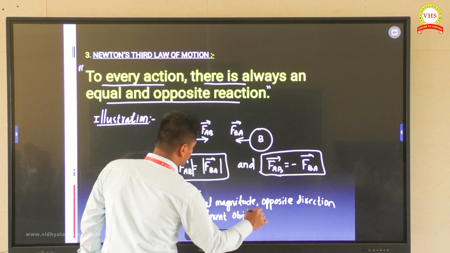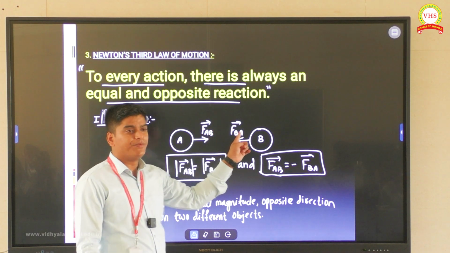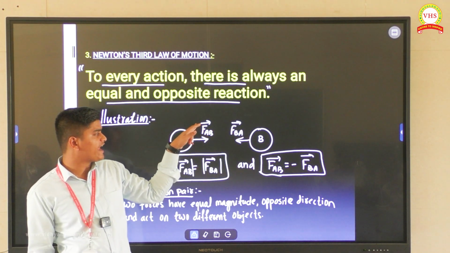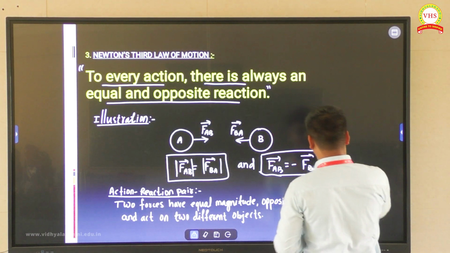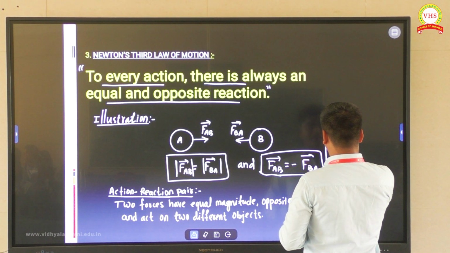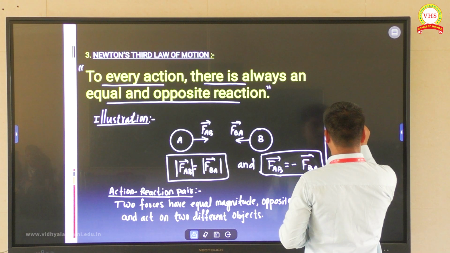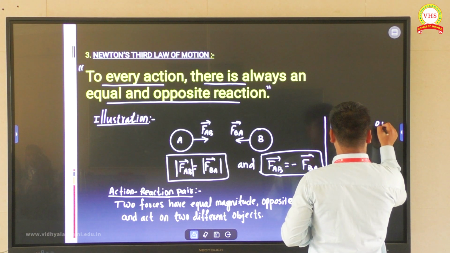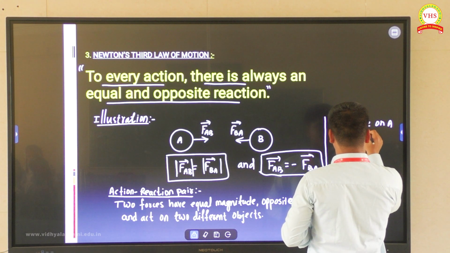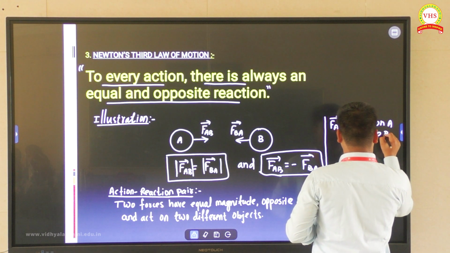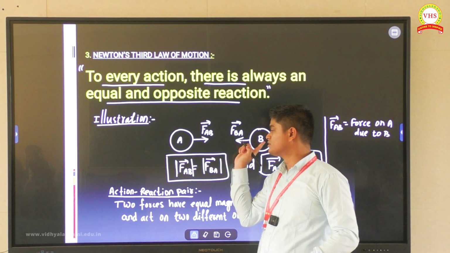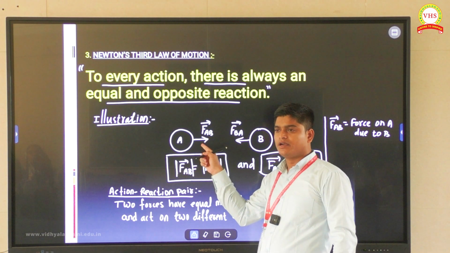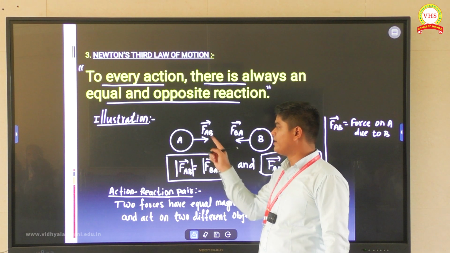So you check here, FAB, FBA. FAB is force on A due to B. Also understand what FAB means: force on A due to B. So B is applying one force on A. I told you at the beginning itself, it is an attractive force on A. That is basically FAB.